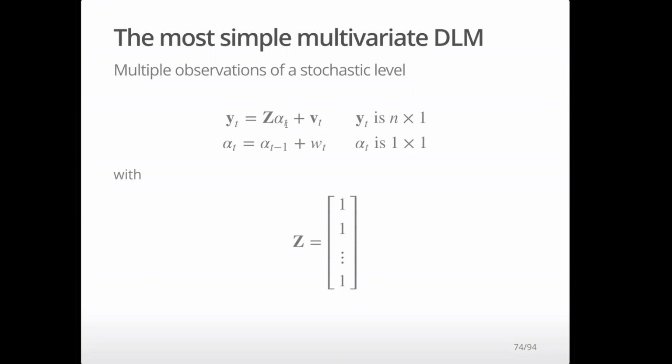And we want a stochastic level, so we're going to set the stochastic level up to be just a univariate random walk. And since this is univariate and this is multivariate, Z here has to be a column vector of ones. And this is no different than those models that you saw earlier. We used a model just like this when we were thinking about harbor seals. This basically says there's just one large panmictic group and that all of your observations are just seeing one state here.